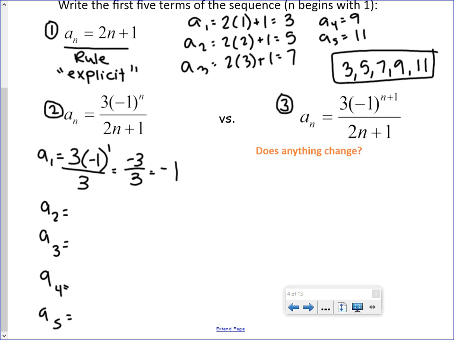You have to do negative 1 times negative 1 later. Careful on that. Oh, okay. What's the difference?